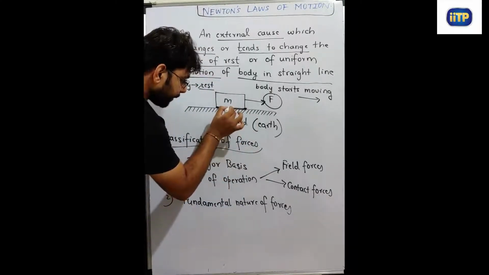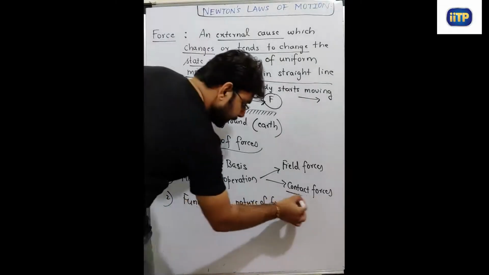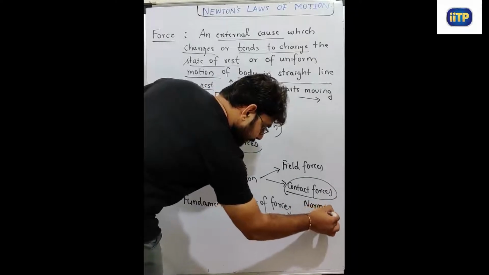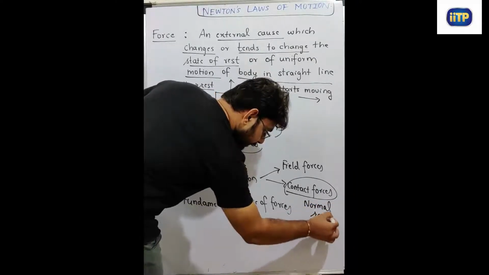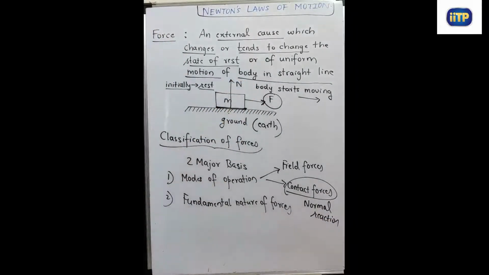So the ground is applying some force on the body in the up direction. That comes under contact forces, like normal reaction. Here in this example, it is normal reaction, but we will study this in detail in further concepts. For the time being, please understand the two major bases on which the classification of forces is done.